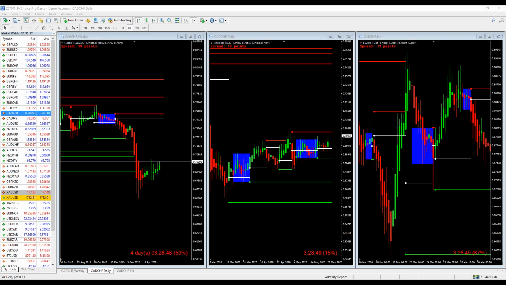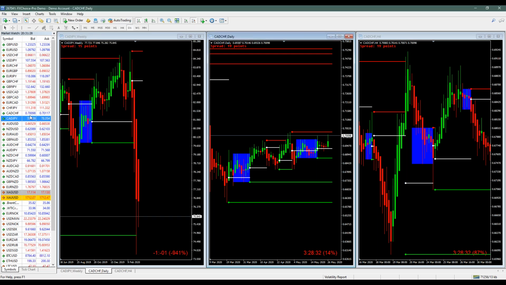Because if the daily holds in the week, then all the smaller time frames are going to follow suit. So anyway, it's interesting, but I kind of like the other ones that we've gone through already. This one's probably not as good as the other ones.